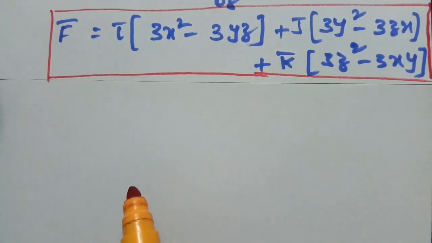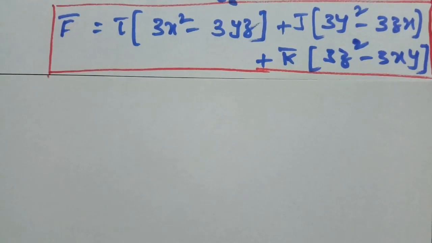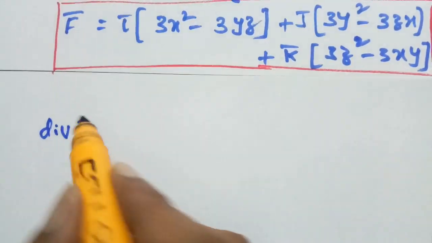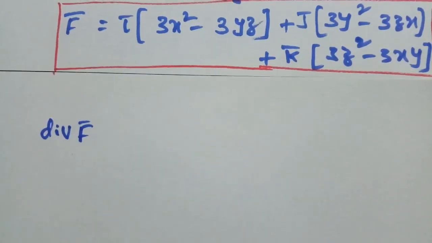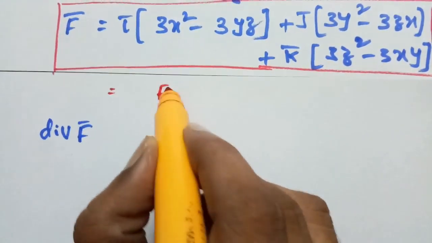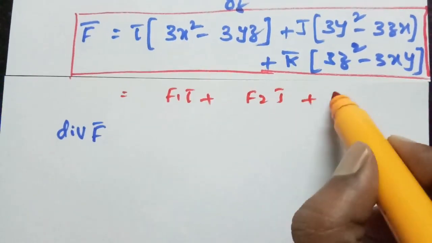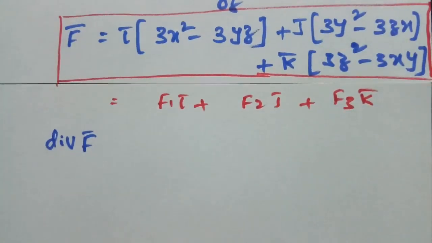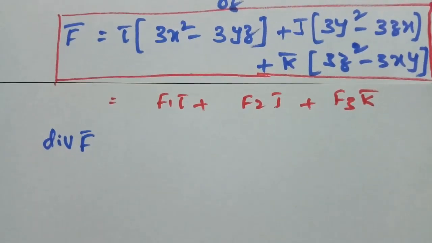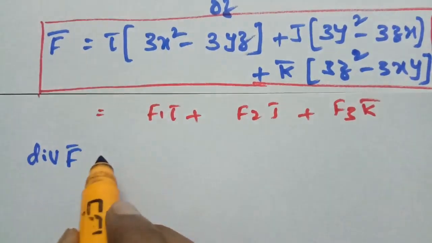First, we have to find the divergence of F bar. We know that if F bar is equal to F1 i bar plus F2 j bar plus F3 k bar, then divergence of F bar is equal to ∂/∂x of F1 plus ∂/∂y of F2 plus ∂/∂z of F3.